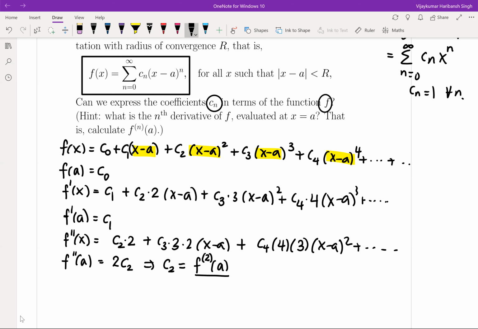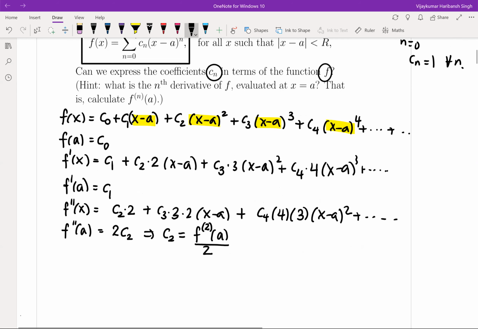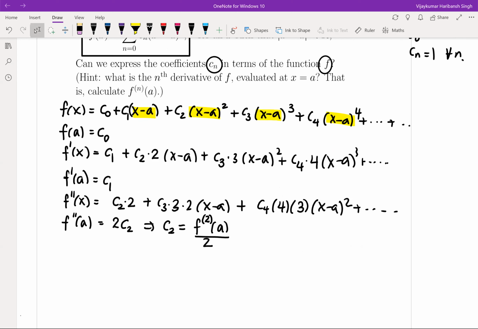So have we found a pattern? We are close, but not yet, right? Because let's look at the third derivative at x. Then this term will disappear, so this will become 0 when you take the derivative. You will have 3 times 2 times c3 plus c4 times 4 times 3 times 2 times x minus a, dot dot dot.